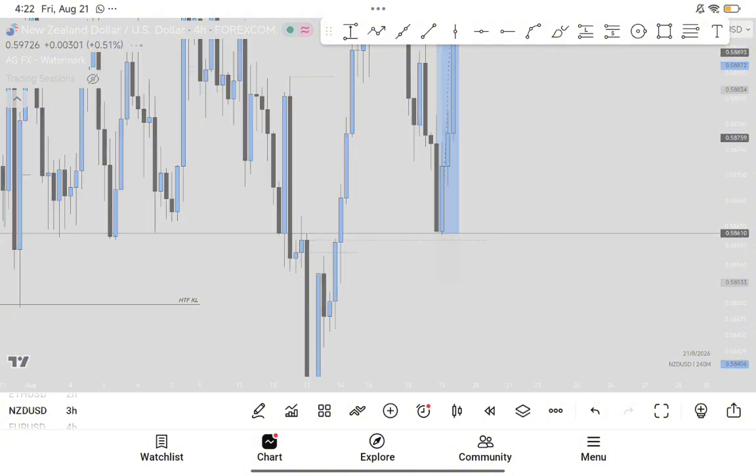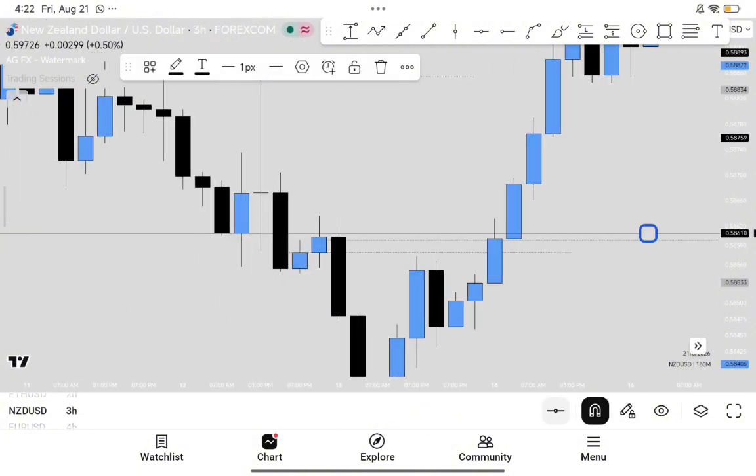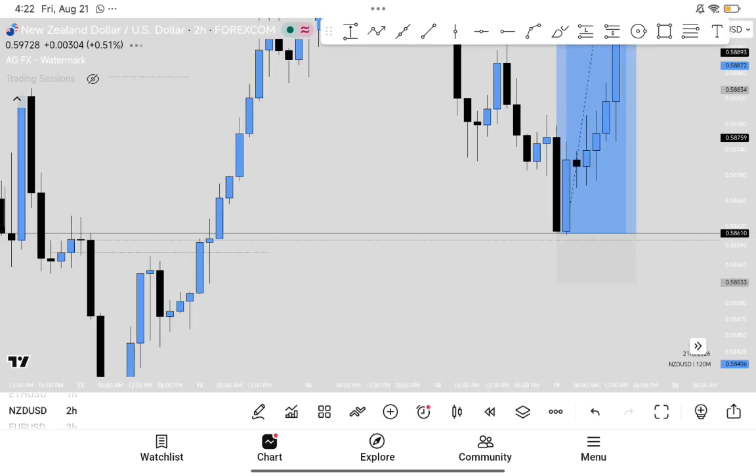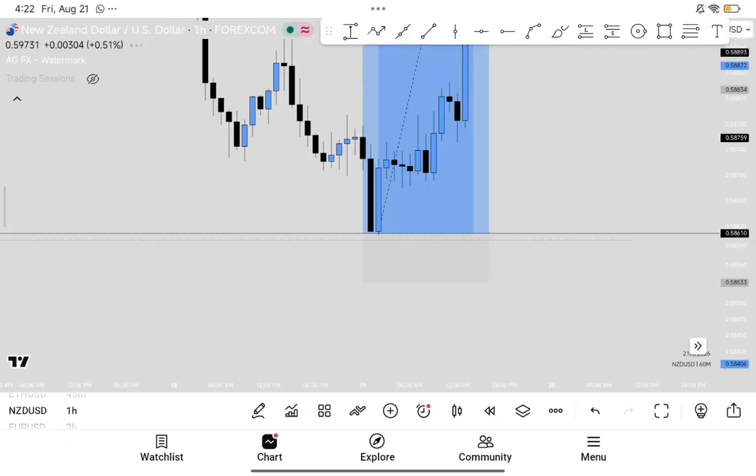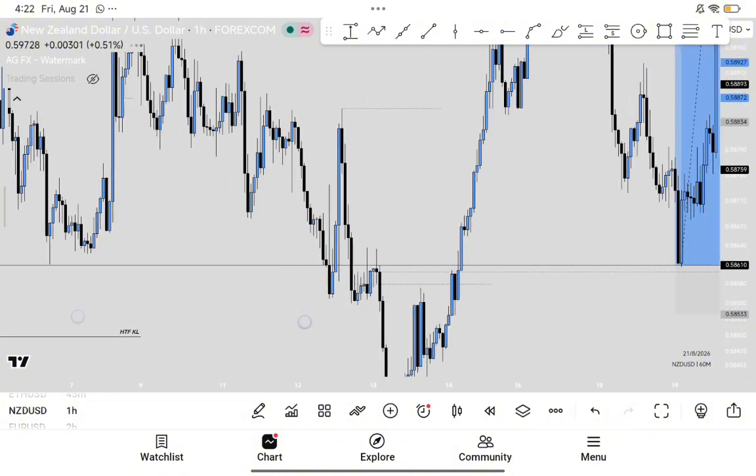If you go down to the 3 hours, you see it's still a QM. If you go down to the 2 hours, you see another key level. If you go down to the 1 hour, it's still aligning with an OCA right here.